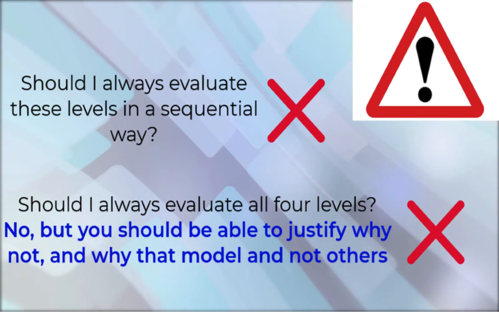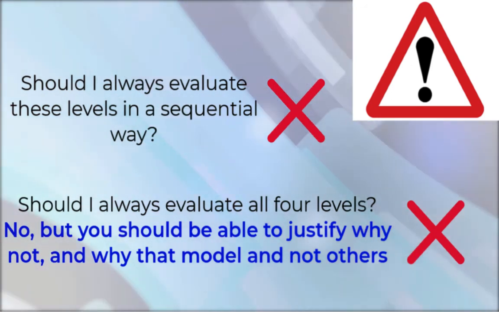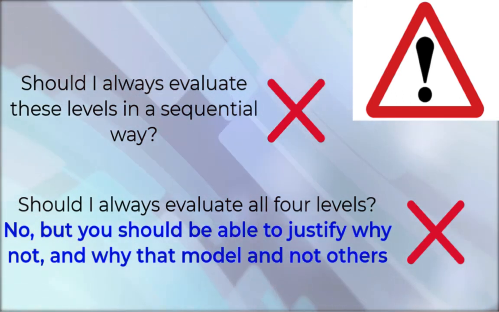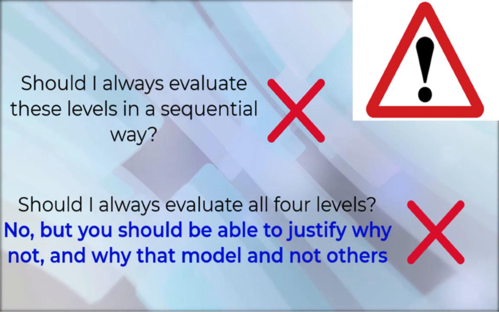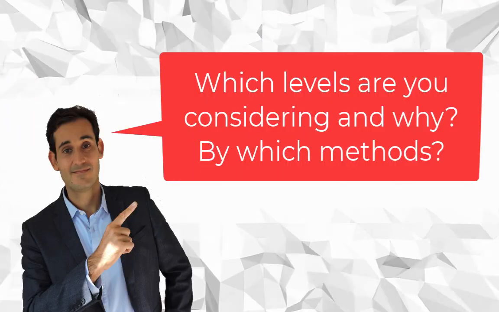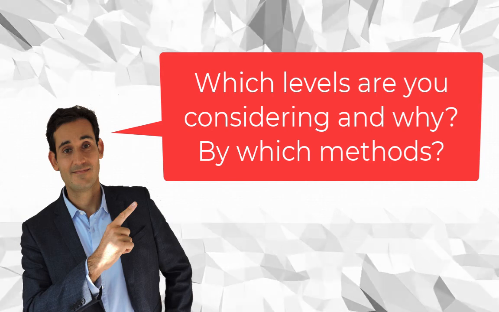So the entire hierarchy might not be applicable to every single program, and it is also important to consider that this model can be mixed with others in order to evaluate process, for instance, and have a more comprehensive evaluation. So, which levels are you considering in your evaluations, and which methods are you planning to use?